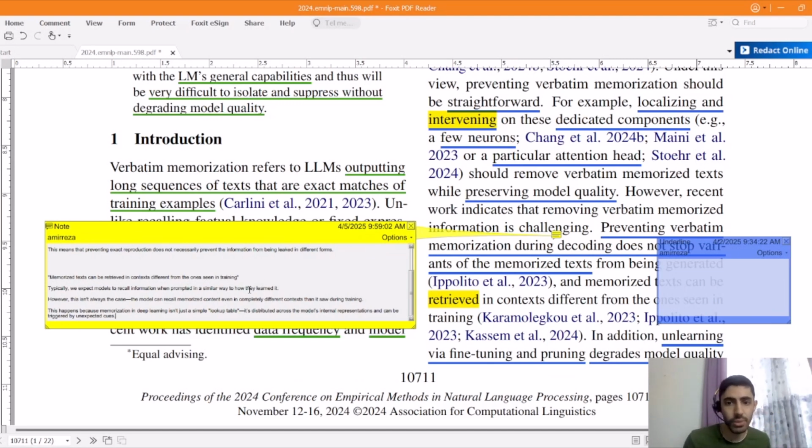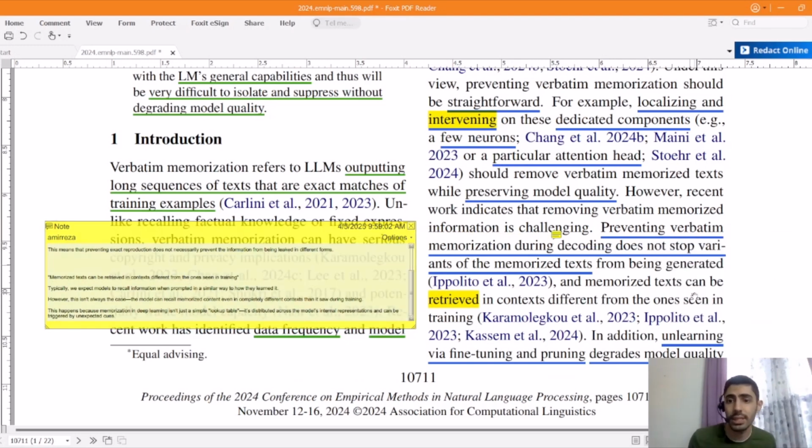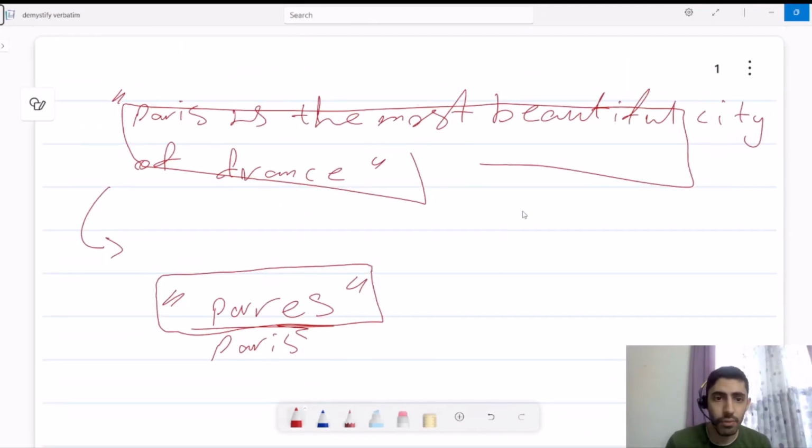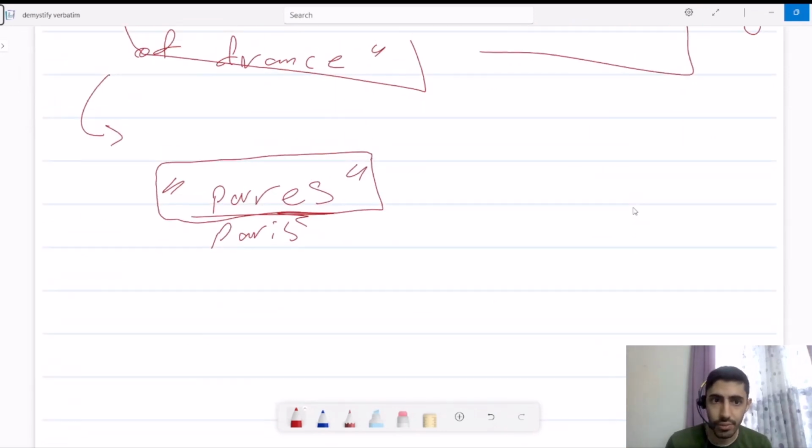Actually, there are some methods that prevent verbatim memorization during decoding, for example using an if-else statement to block exact sentence matches. But the trained model has the capability of rephrasing sentences it has seen. Let's make an example. Imagine we have "Paris is the most beautiful city in the world."